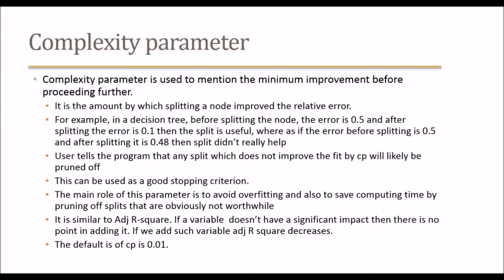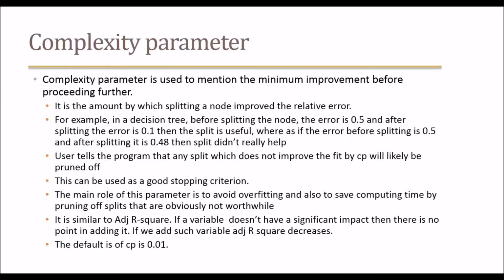So basically, the complexity parameter tells the decision tree that before splitting any node, make sure that the split is actually helping the model increase accuracy or reduce the overall error. It can be used as a good stopping criterion. In fact, it is analogous to adjusted R square.